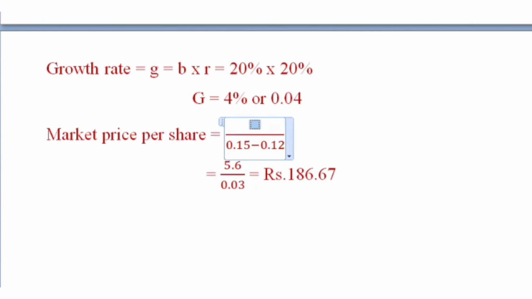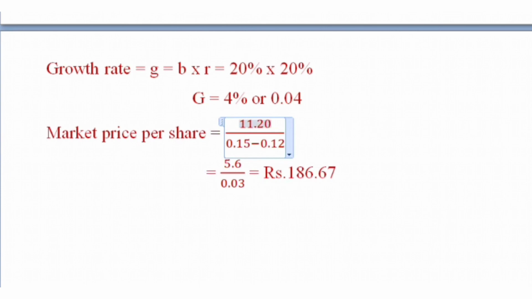The dividend per share, 11 rupees 20 paise, divided by 0.15 minus 0.04, which is 0.11.